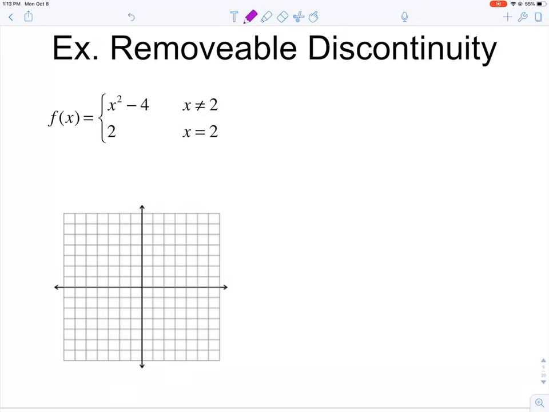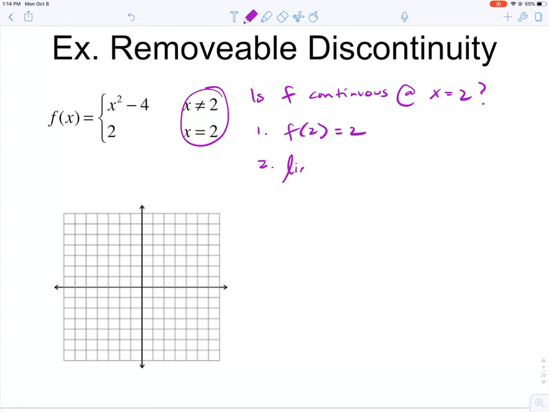So we want to know, is f continuous at x equals 2? Because we can see that something happens at x equals 2 versus whenever x is not equal to 2. First of all, f of 2 is 2, so we're off to a good start. f could be continuous at 2.